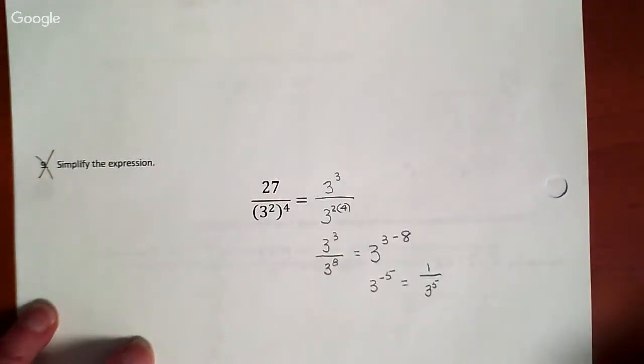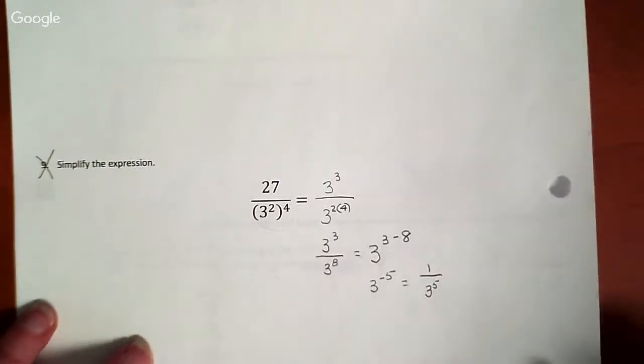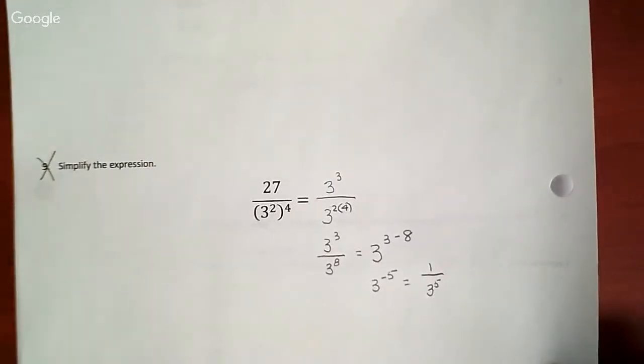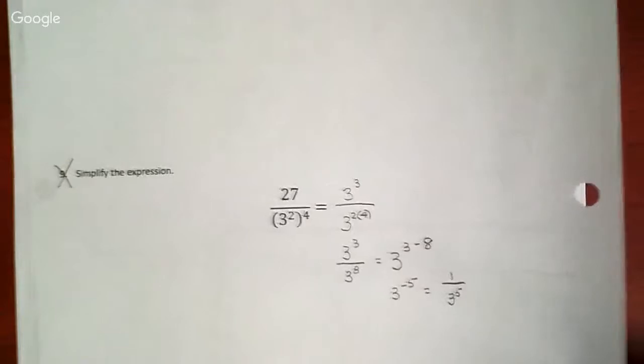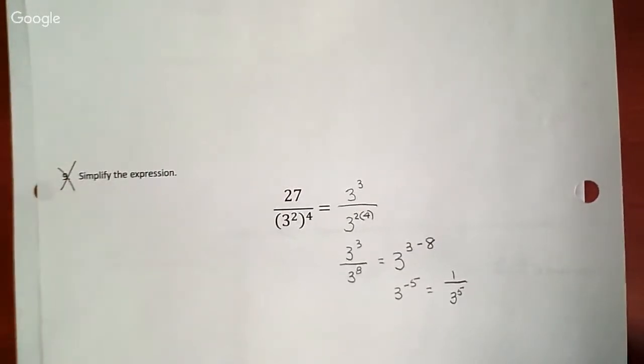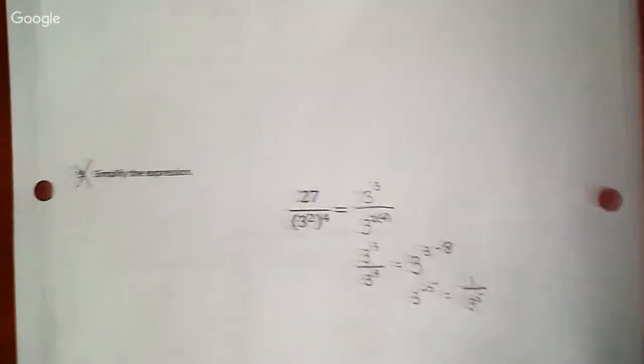You know how to do this one, okay? I'm not going to say it's not on the test, but something like this you should know how to do. Something like A will definitely not be on the test, okay?